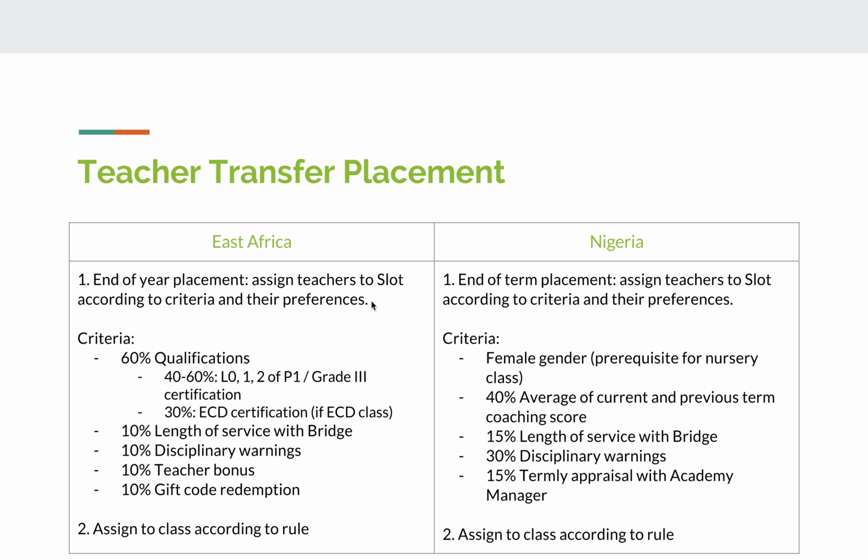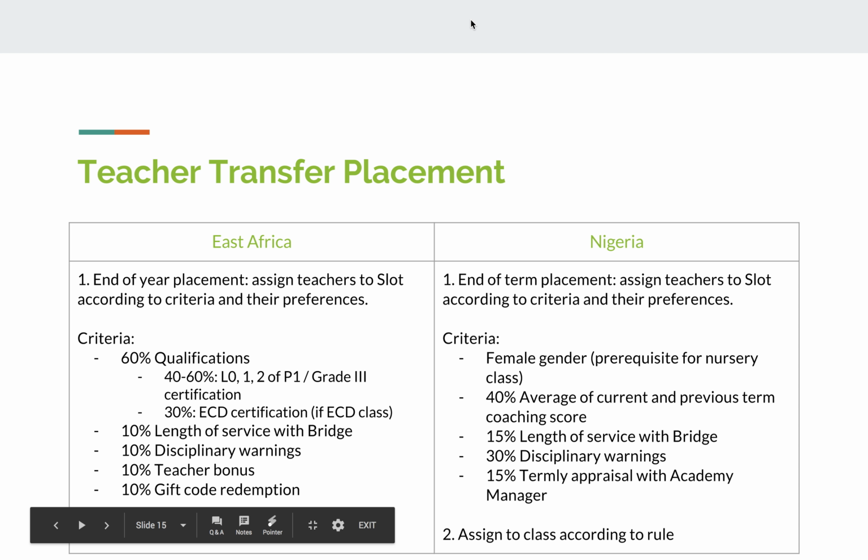So the 60% for qualification covers whether they have a T1 certification, whether they have an ECD certification if the class they are going to be assigned to is an ECD class, and then the length of service with Bridge.